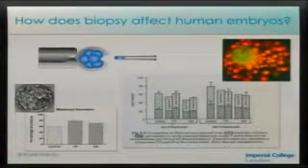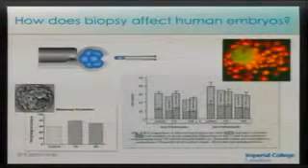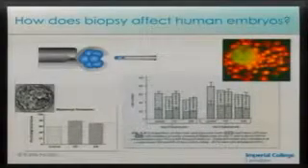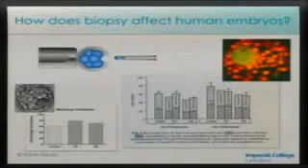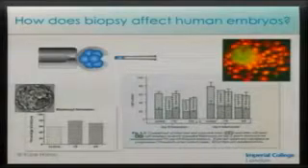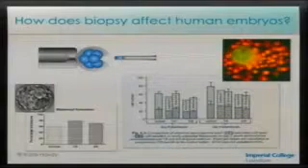And we also used a rather neat technique of counting the inner cell mass cells and the trophectoderm cells. The inner cell mass cells are in green, the trophectoderm in orange, to look at the effect on those all-important lineages. This is the inner cell mass, which would potentially go on to form the fetus.